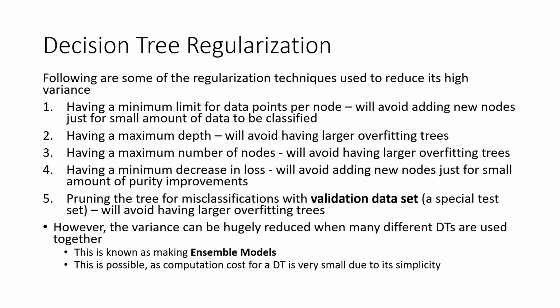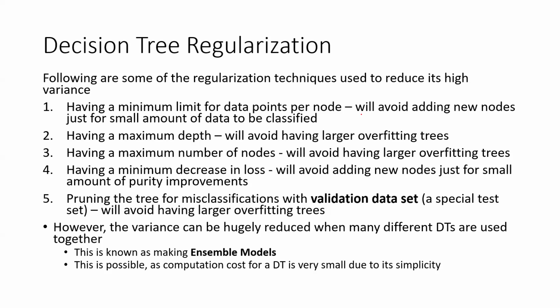Say you have a minimum limit of data points per node. That means if your node has only a few data points, you are not going to split it more, as I explained earlier.